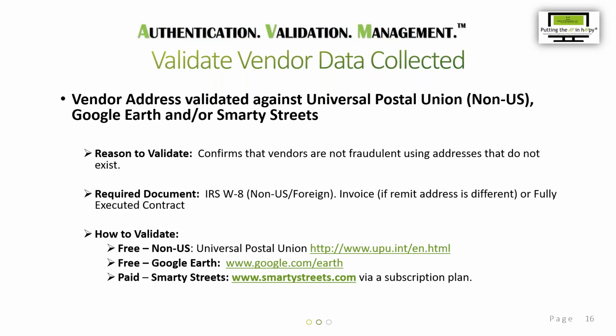So it will tell you if it is a mailable address, if it matched but the address is inactive, if it matched but the address is vacant. It'll give you a status of the address, not just the standardization of it. So I do like Smarty Streets.